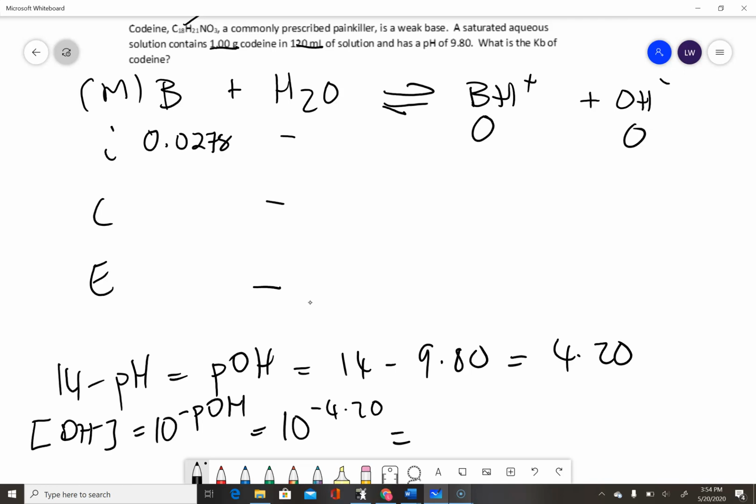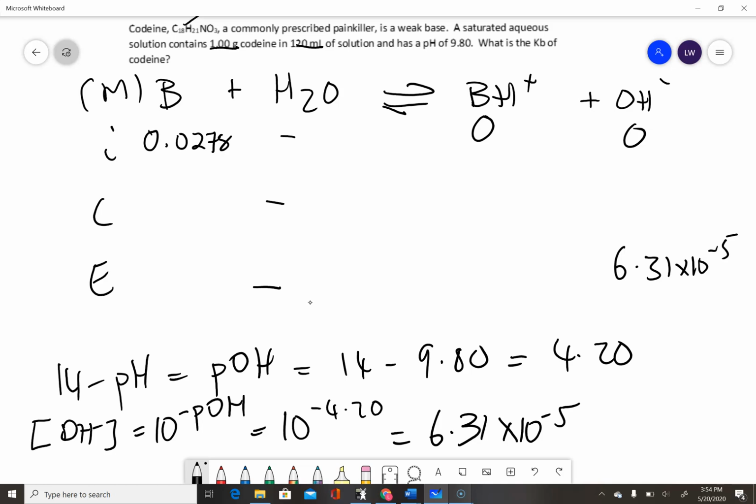So when I do that, I get my equilibrium OH minus concentration, which was 6.31 times 10 to the minus 5. So at equilibrium, the concentration of OH minus is 6.31 times 10 to the minus 5.